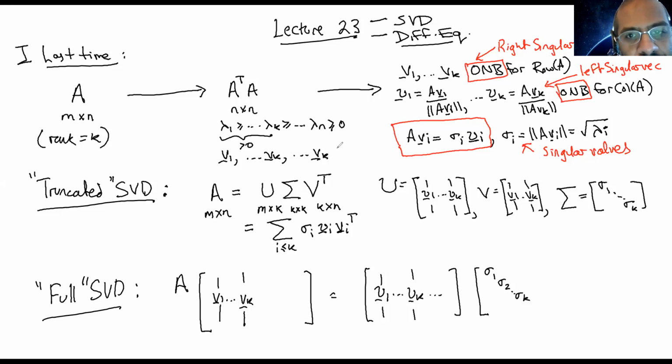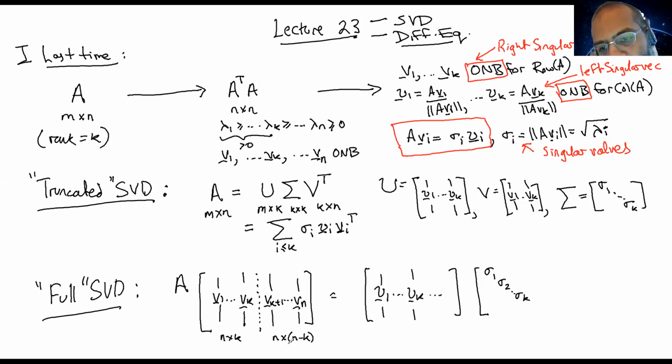I'm sorry, this should be N. Right now this is an N by K matrix, but if I just add the rest of the eigenvectors, this will become an N by N matrix, right? So this is the first K eigenvectors. This part of the matrix is N by K, and the second part is N by N minus K. So if you stick them together, you get N by N.